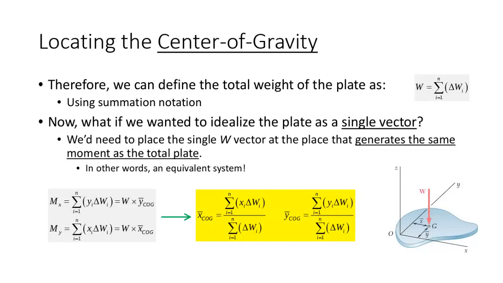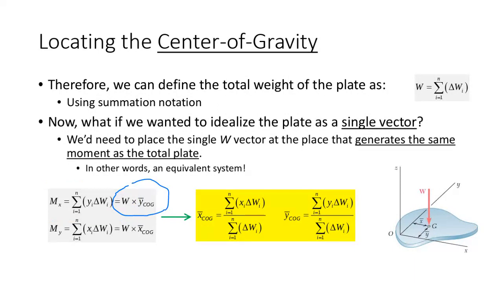So if I look here, and this is really the critical part, let's take the moment about the x-axis. I propose the moment about the x-axis can be written in summation notation: just sum up the delta W times those y distances. And that's going to give me a moment about the x-axis. But the question is, can I take that quantity and instead represent it as the entire weight of the plate times some magical distance?